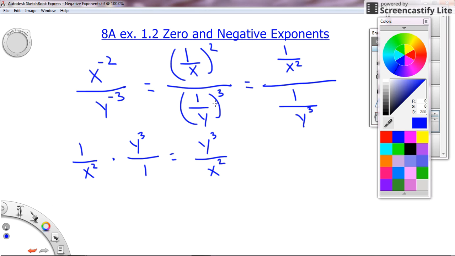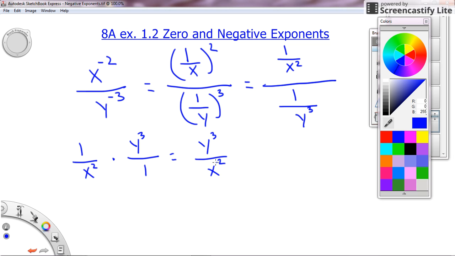Now you could go through all that work, but I just want you to know that when you have things in a fraction like this and they're raised to a negative power, you basically just flip them to the other side, just like I took this x to the negative 2, which was in the numerator, and flipped it to the denominator, and I lost the negative sign in the exponent.